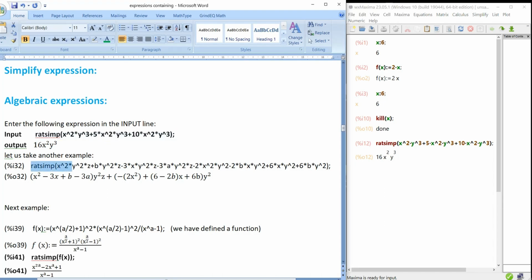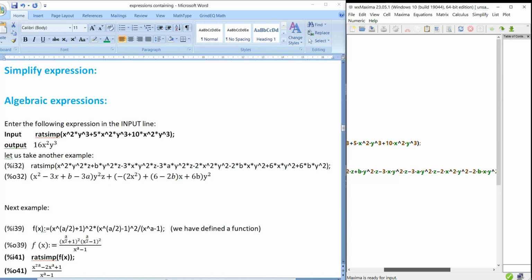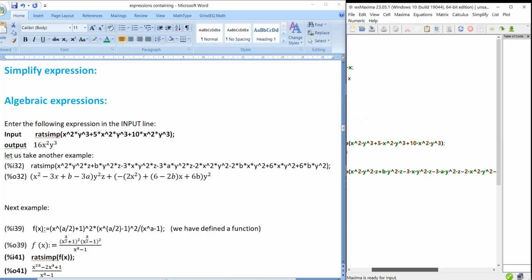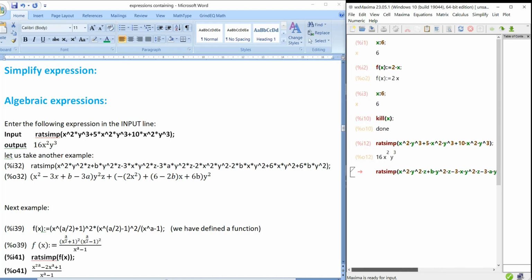Let us take another example. I move to a new cell. See carefully on the screen. This is quite a lengthy expression. ratsimp of x square y square z plus b y square z and so on.